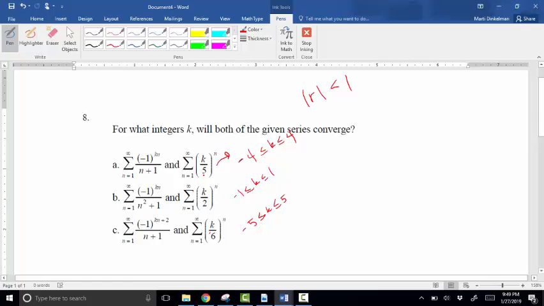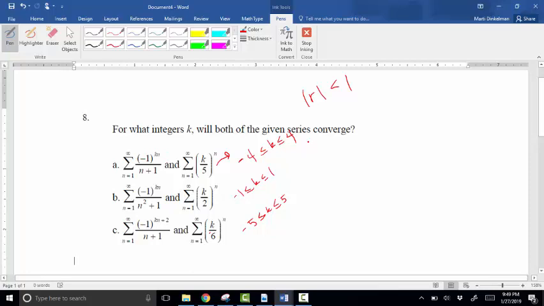So now on the first part, this has an n to the 1 on the bottom, which means it's harmonic, and the only way this is going to converge is if we have an alternating series. So we have to make sure whatever we pick for k, it would still alternate, which means if k is an even number, what would happen here is we would always have a negative to an even power, which would turn it to a positive.